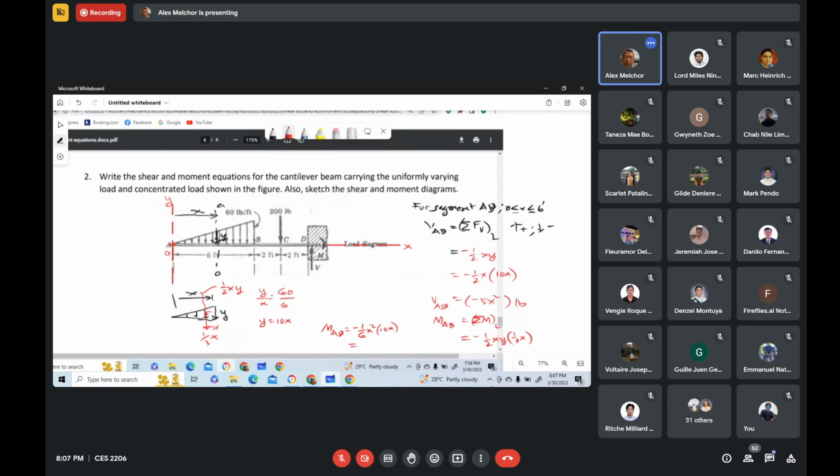So this gives us, 3 by 2... 10x. 6 divided by 2 is 3, 10 divided by 2 is 5.